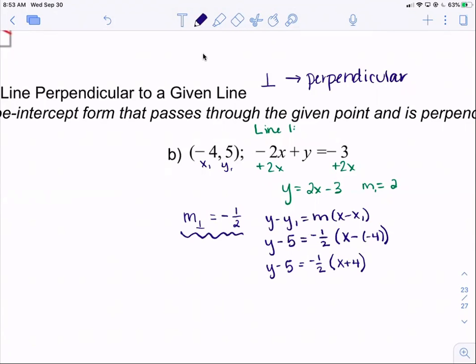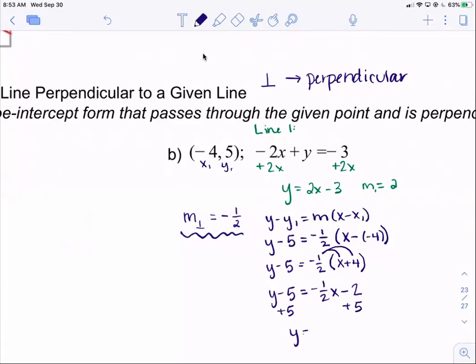Now we want to distribute. So y - 5 equals -1/2 times x is -1/2 x, and -1/2 times 4, half of 4 is 2, and a negative times a positive is a negative. And to get y by itself, our last step is to add 5 to both sides.